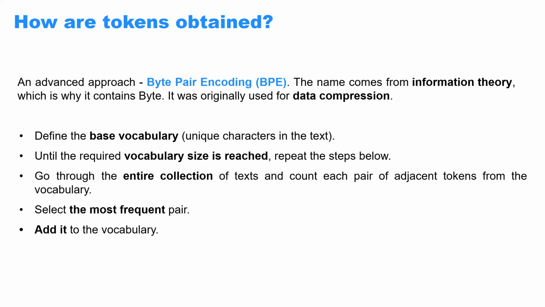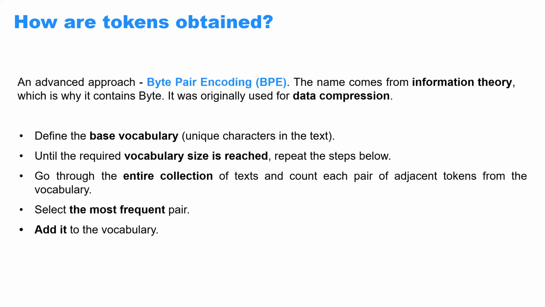But today this method is not widely used because, as we have seen, it will probably drop too much information. So a more advanced approach is byte pair encoding. The name comes from information theory, which is why it contains byte. It was originally used for data compression. So let's see how it works. Firstly, I will describe the algorithm, and then we will see step by step how it works. Firstly, we define the base vocabulary.